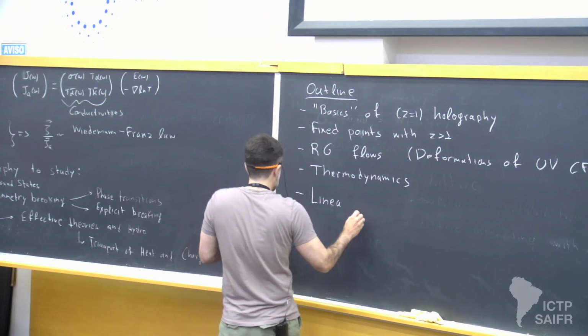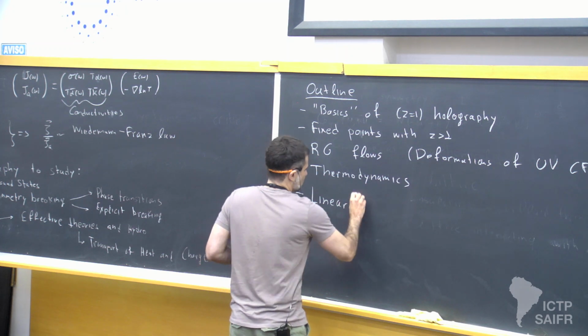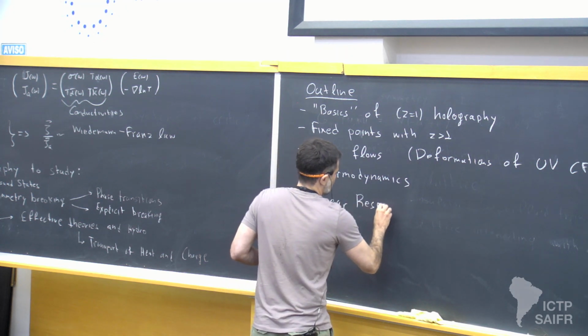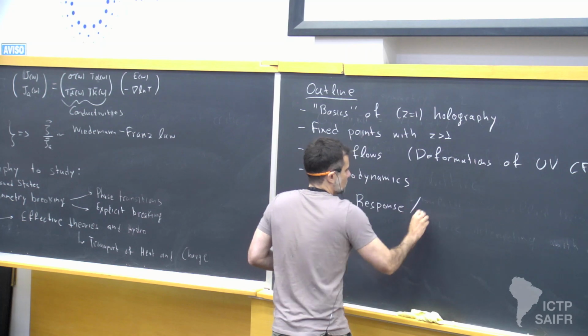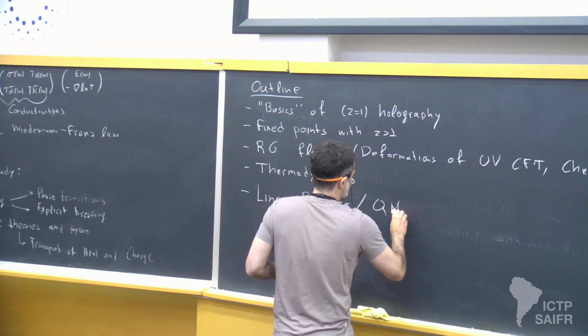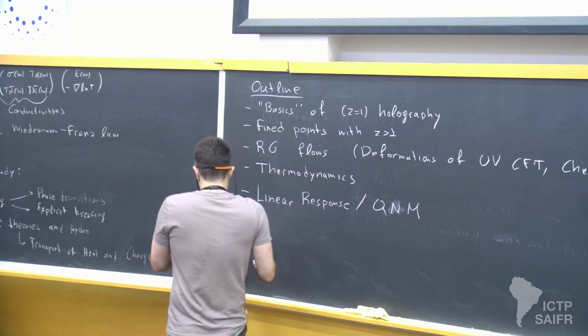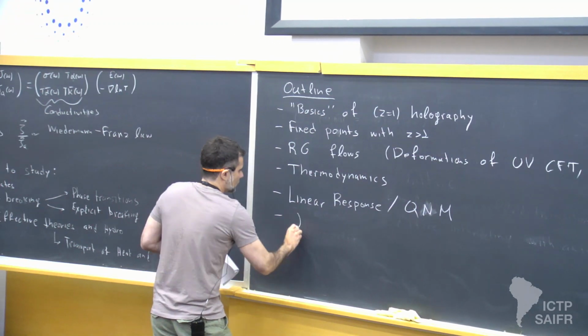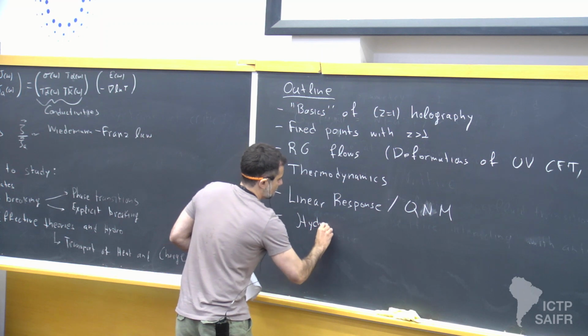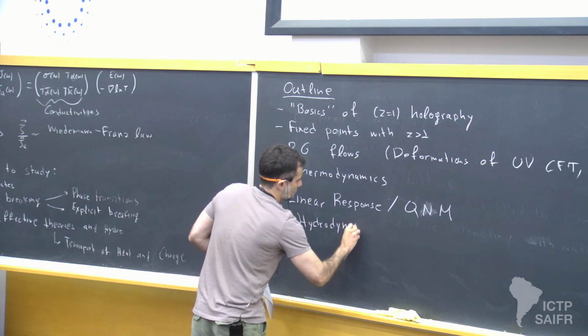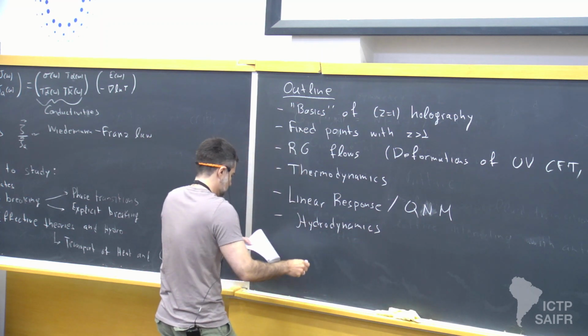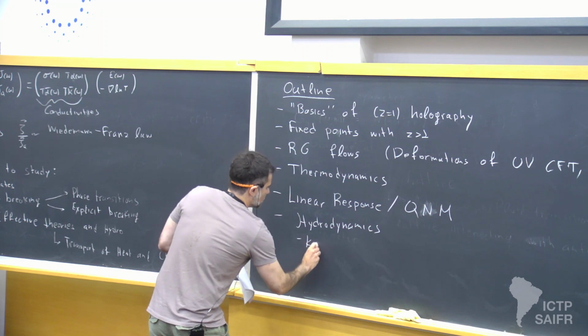So then we are going to discuss linear response and quasi-normal modes of black holes. And that will take us naturally to hydrodynamics and we will talk about Kubo formulae.